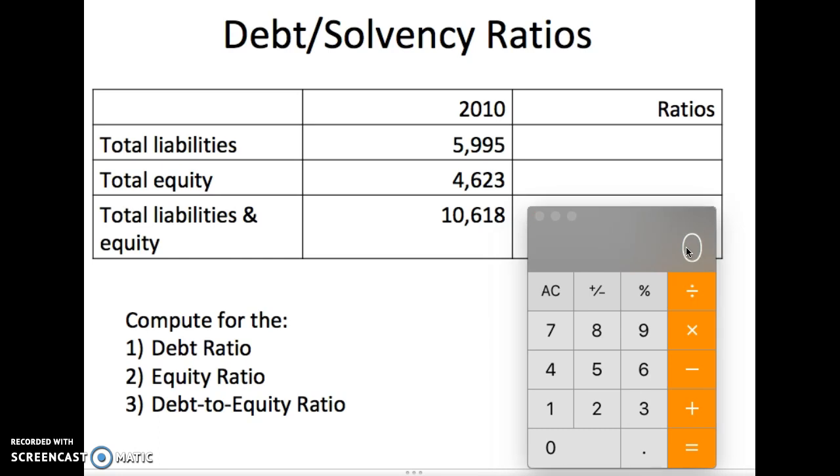But if you don't believe me, then we can actually go ahead with the formula of the equity ratio. 4,623 divided by total assets or total liabilities and equity, 10,618, times 100 to convert into a percentage, and voila, 43.54% of total assets is funded by your equity.